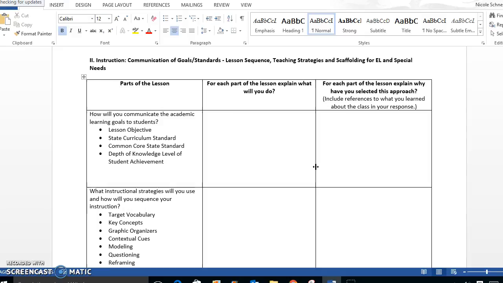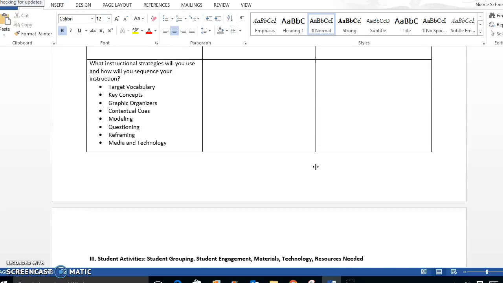For each part of the lesson, explain why you have selected this approach. So you're including references to what you learned about the class from week 3 in here. For example, I know that this one student is hard of hearing, so here's the accommodation I did. Or here are the strategies I used because I learned this about this class.